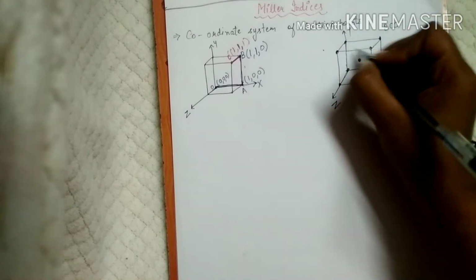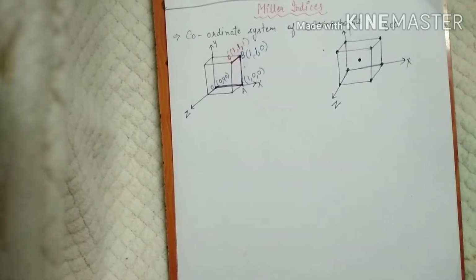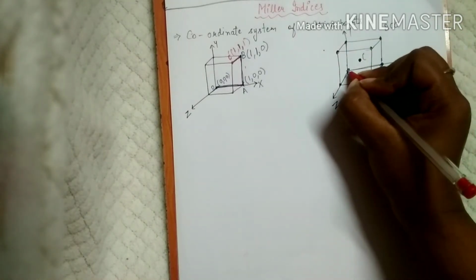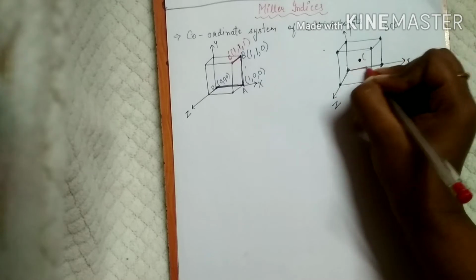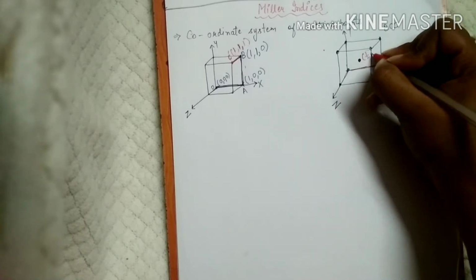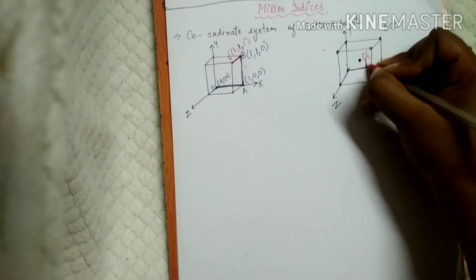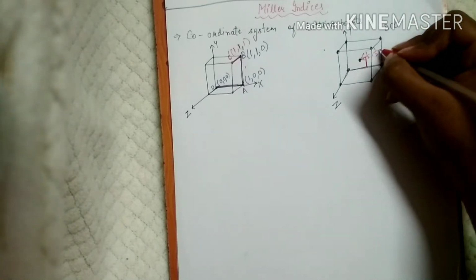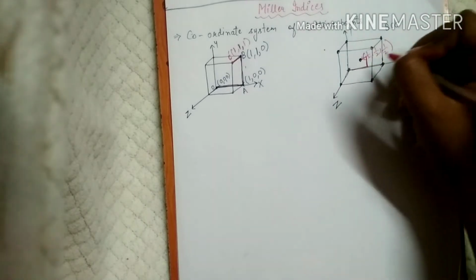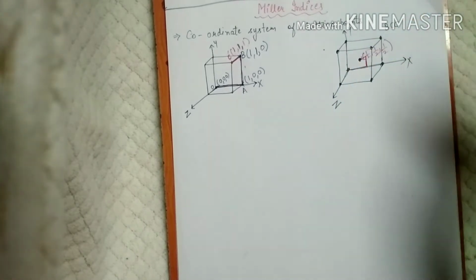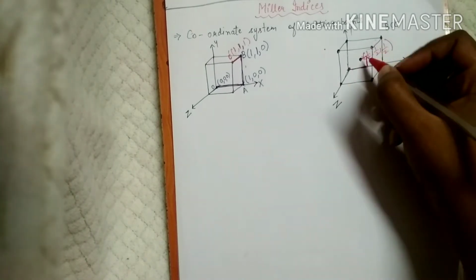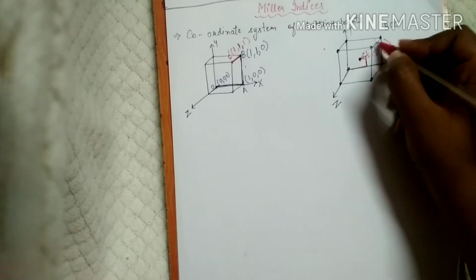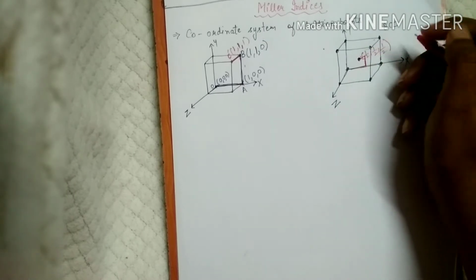You know the coordinates of the corners. For the body center, what will be the coordinates? We'll have to move 1 by 2 distance along the x-axis, 1 by 2 distance along the y-axis, and 1 by 2 distance along the z-axis. So the coordinates will be 1 by 2, 1 by 2 and 1 by 2. For this you have to imagine it in 3 dimensions, then only will you understand how we got these as 1 by 2, 1 by 2 and 1 by 2.